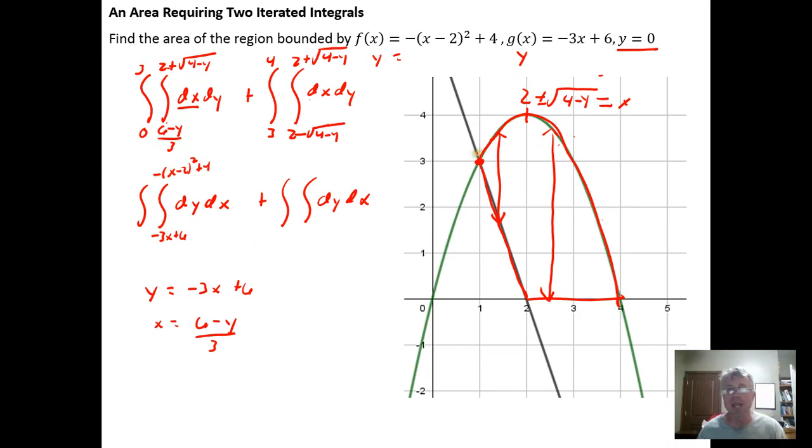And then what's the x interval over which that happens? Well, right here we start at x equal 1, and the vertex starts at x equal to 2. So we're going to run between the line and the parabola over the x interval from 1 to 2.